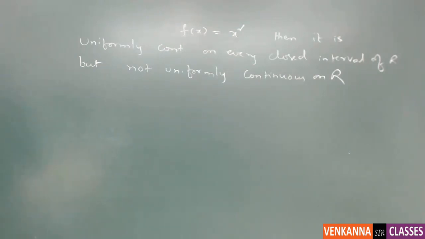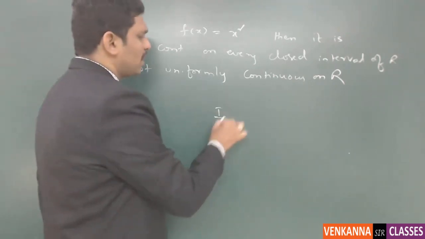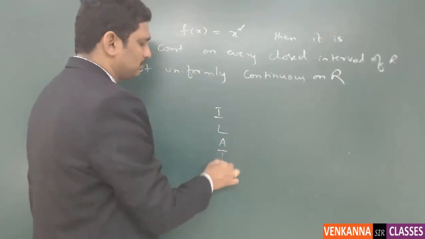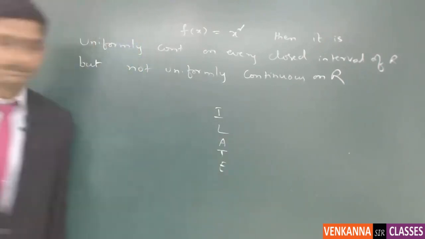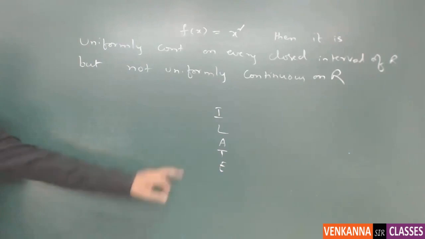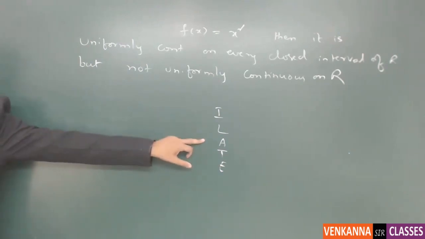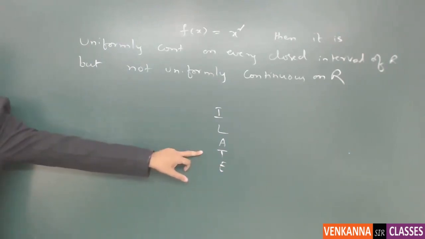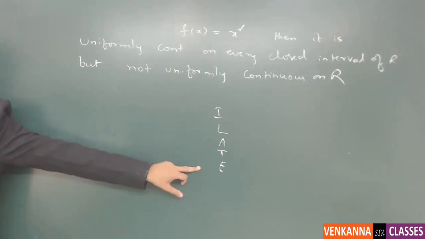That's why I am simply writing that since it is a rational function, it is always continuous. Every rational function is always continuous for every real number. It is true. Actually, we have a small formula in intermediate, I hope so: inverse functions, logarithmic functions, algebraic functions, trigonometric functions, and exponential functions.